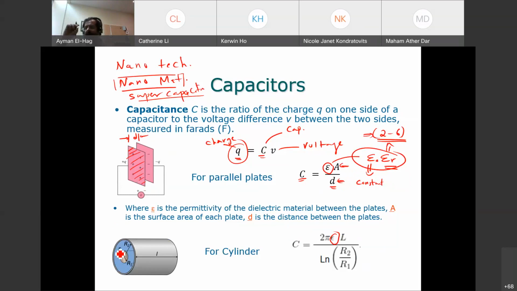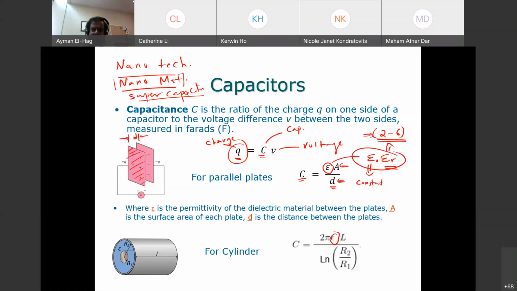If the distance is too small, you could have a breakdown. So you have some limitations there also. Another parameter is A, increase A. But how big can we increase A? Also, we have some limitations because of the space around us. We cannot have A as big as we dream.